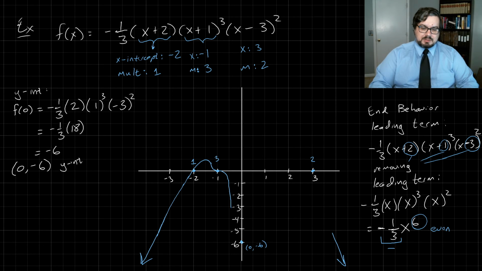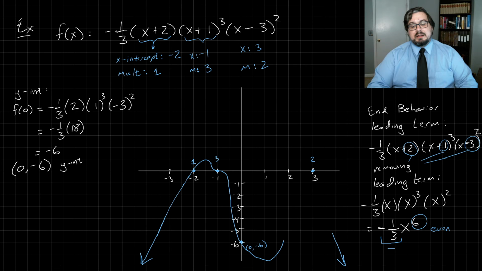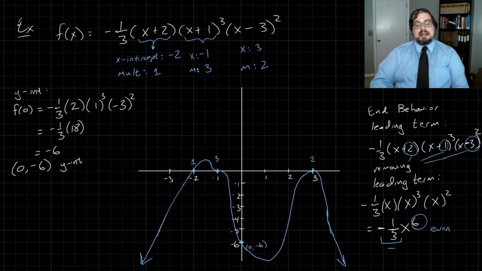I like to just sort of go smoothly through. And this is a guess. It's really just giving very general information. And then I'm going to come up here, and now this 0 has multiplicity 2, which means I know I'm going to touch it, bounce off, and then come back down, eventually meeting up with my end behavior arrow that I had down there.